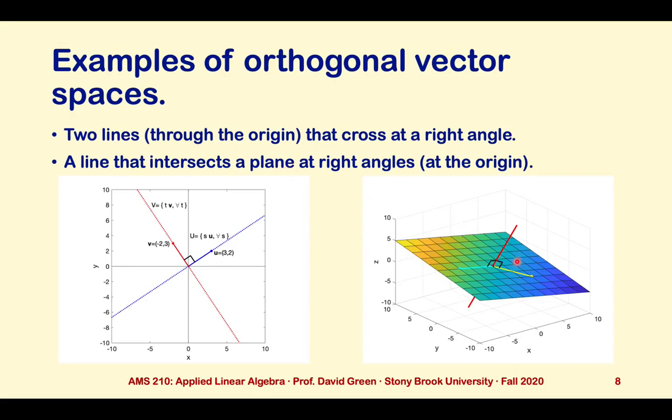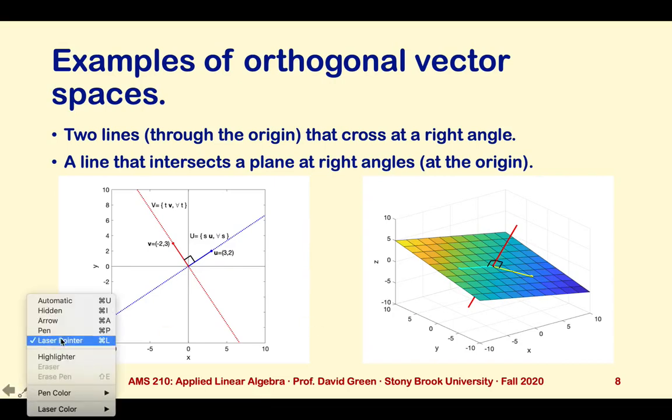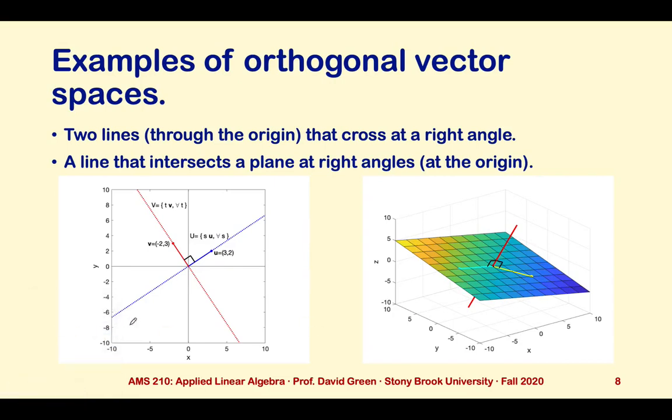And what do we mean by a line that intersects a plane at right angles? We mean a line such that we can draw any line on the plane, and any line that sits on the plane will be at a right angle to that line.